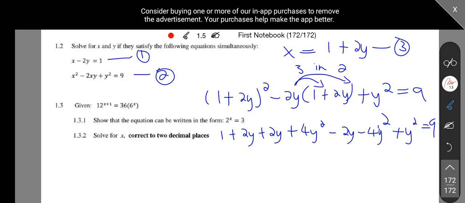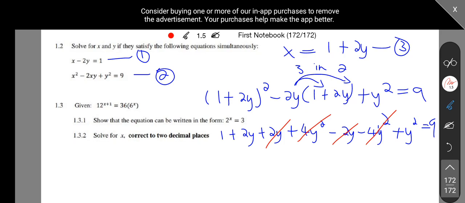Note that the 4y squared cancels with the negative 4y squared, and we can cancel one of the negative 2y's with this one. Let's see what else we have here. Seems like there's nothing else that's left.